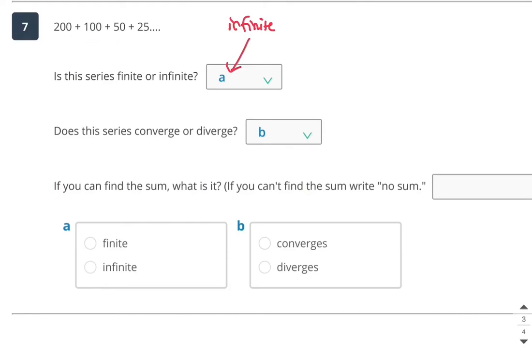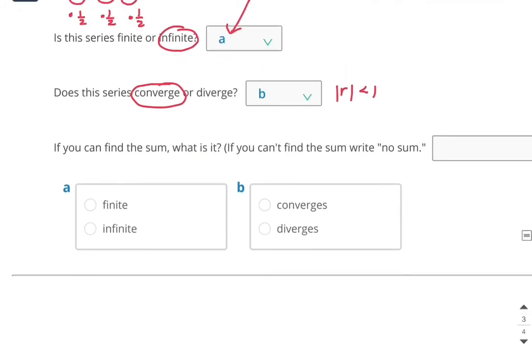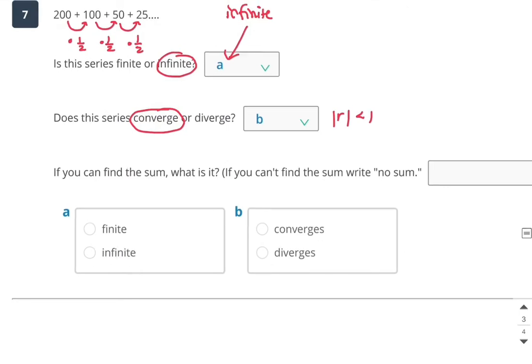That is what makes it clear, but what I'm actually doing as I go from term to term is I'm multiplying by 1/2. 1/2 is less than 1, so because the absolute value of r is less than 1, I know this converges. So it's infinite, it converges, and that means I can find the sum.